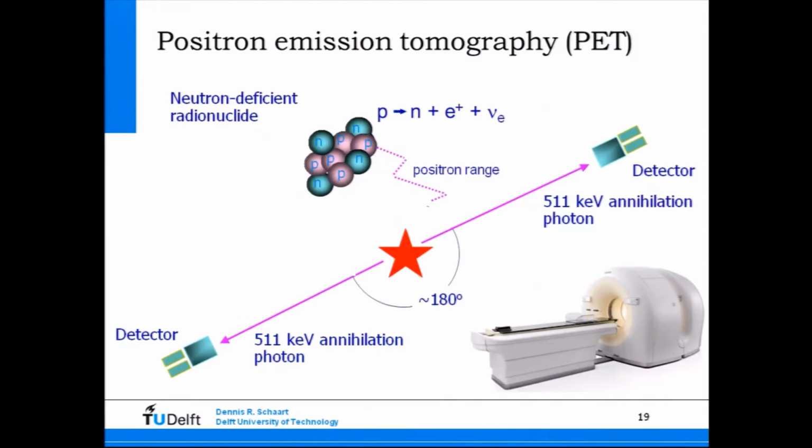So that was SPECT, and the other important imaging modality is PET. As was explained already, PET operates on the principle of coincident detection of annihilation photon pairs that are created in the annihilation of a positron with an electron in the object under study.